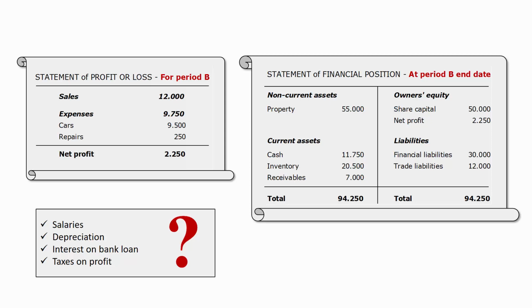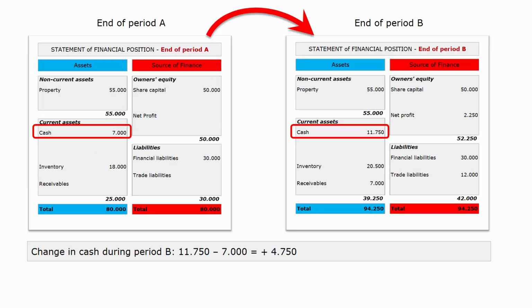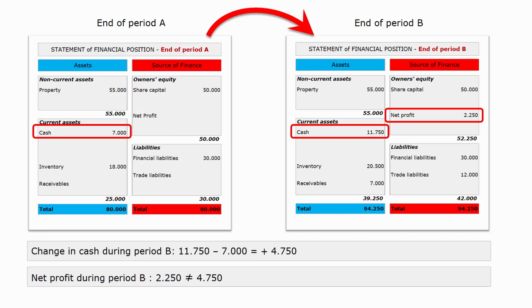Please note that the increase in company cash during the trading period was €4,750, while the profit for that period was €2,250.